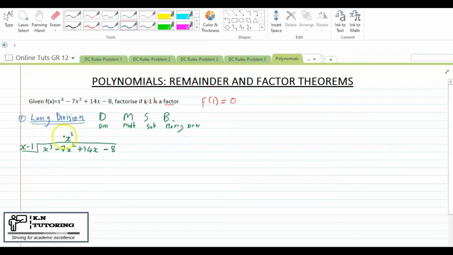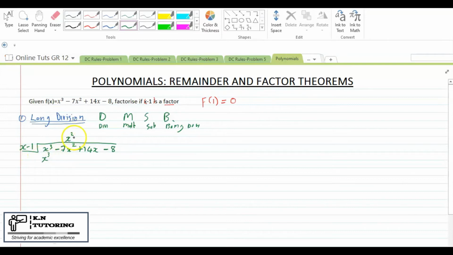Okay, now I'm going to take the very same x squared and multiply it with x minus 1. I'm done with division. Now I multiply. I'm taking this x squared, I multiply with this term x minus 1. So x squared times x will give me x cubed.